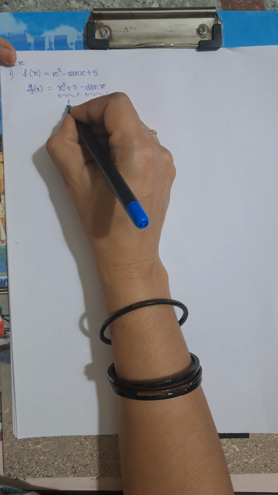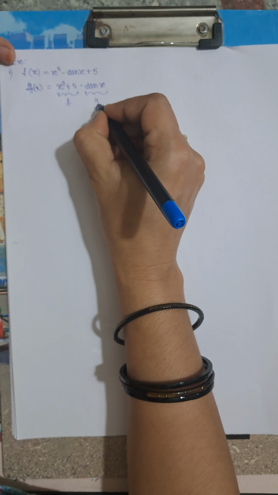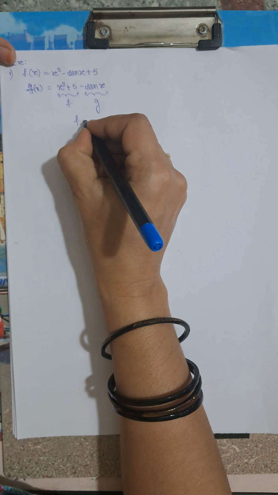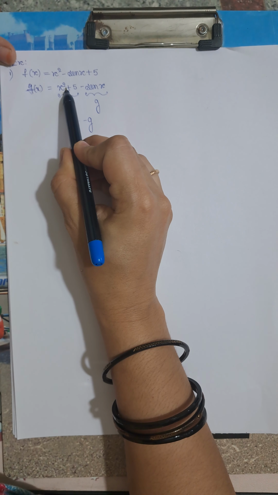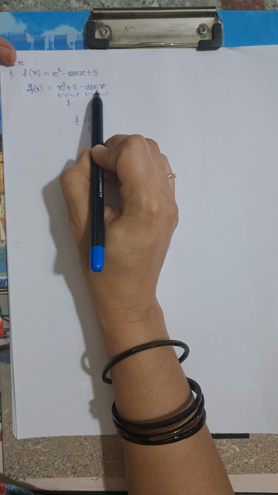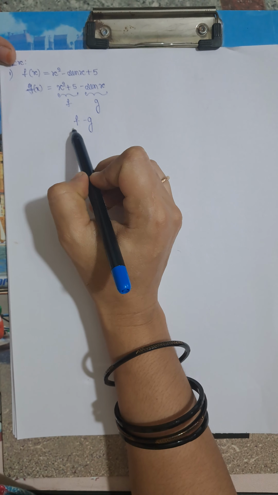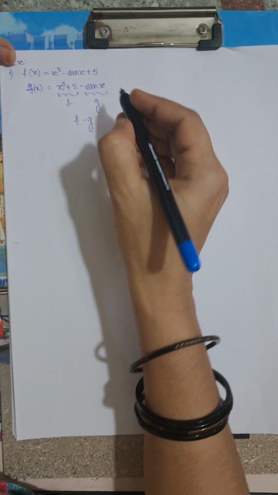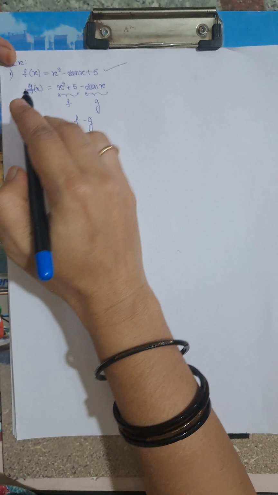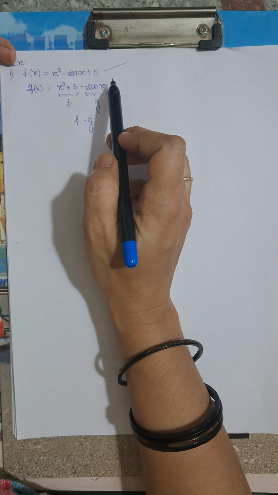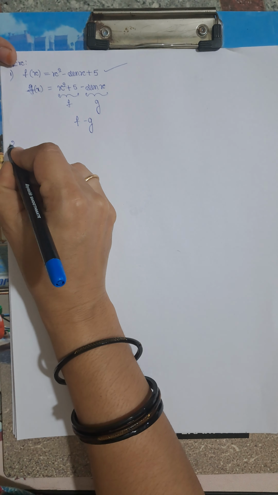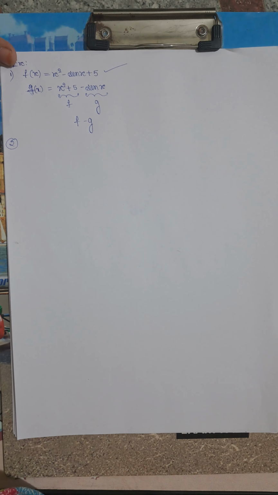If I consider this as f and this as g, it looks like f minus g. We know that every polynomial function is continuous and trigonometric functions are continuous. So obviously f minus g will be continuous. Nothing but the given function f of x is equal to x square minus sin x plus 5 is a continuous function. We'll consider the next problem.